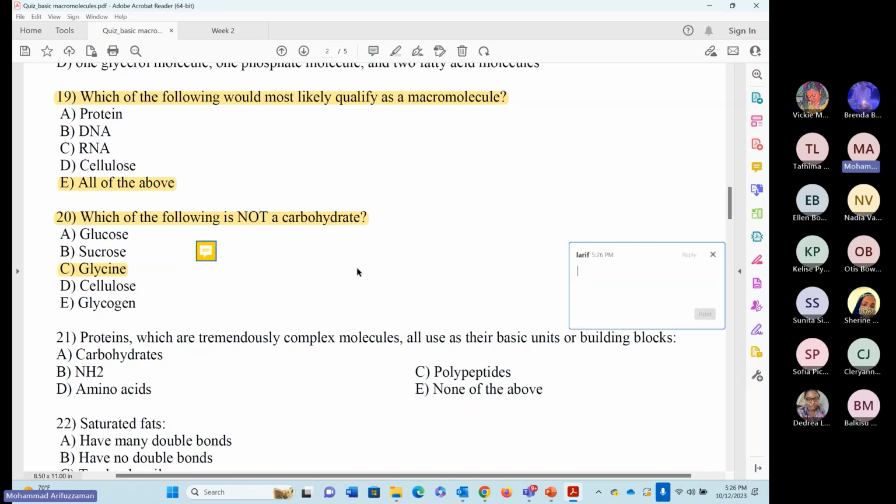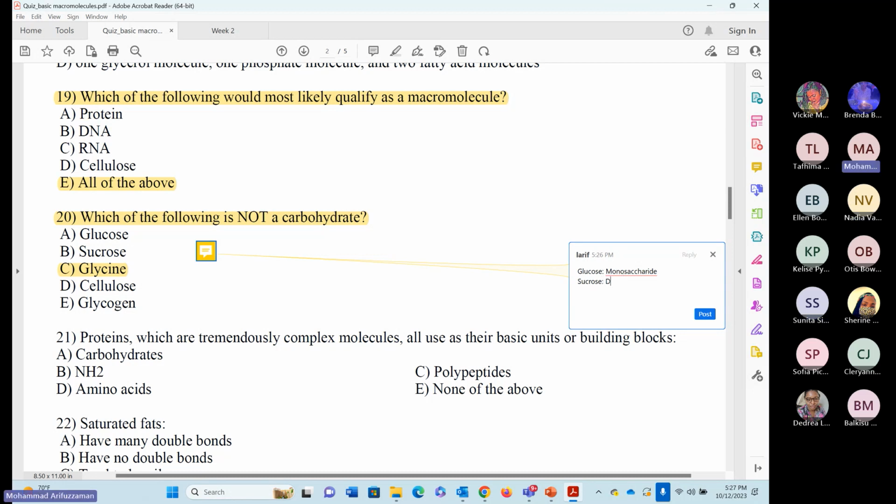Let me write it here. For example, glucose is a monosaccharide, right? What about sucrose? Is it a carbohydrate?